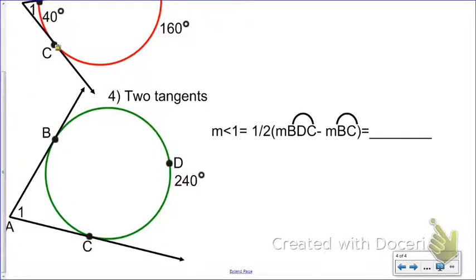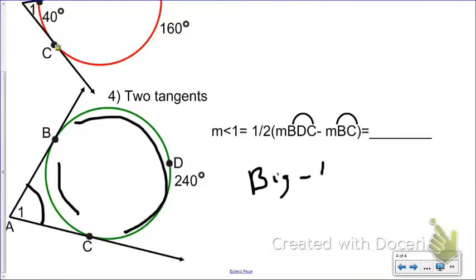But like the last picture, there are two different arcs inside that angle. So here's the angle. There are two arcs. There's a big arc and there's a little arc.